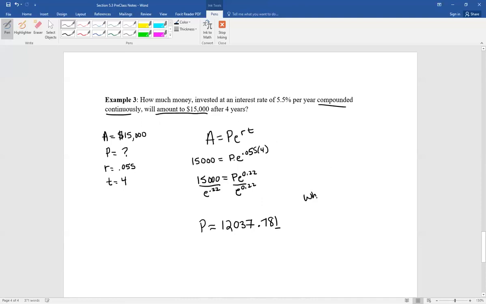So when solving for P, we always round up regardless of typical rounding rules. And this is so we don't short ourselves of the goal.